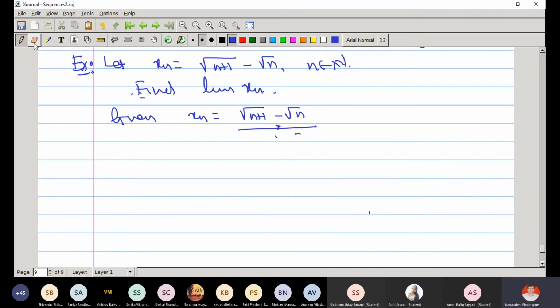If you look at this expression, it is difficult to guess, right? So try to simplify this expression. And how to simplify? Yes. See, this expression involves square roots, and such kind of expression, how to simplify?